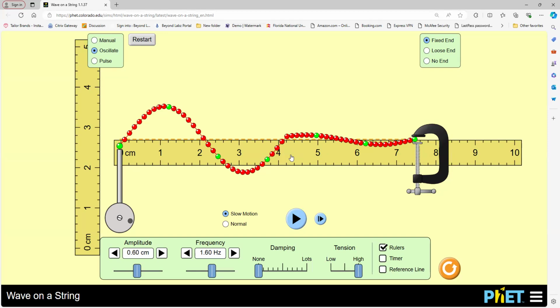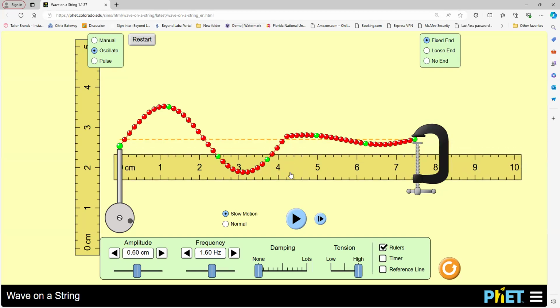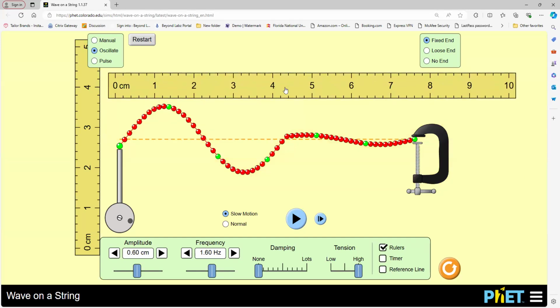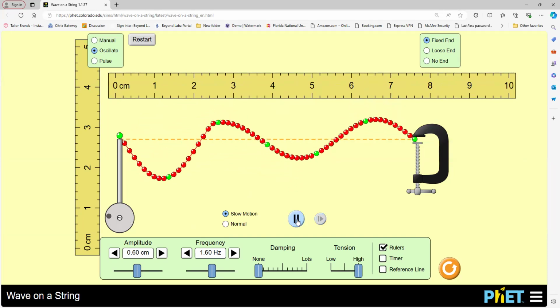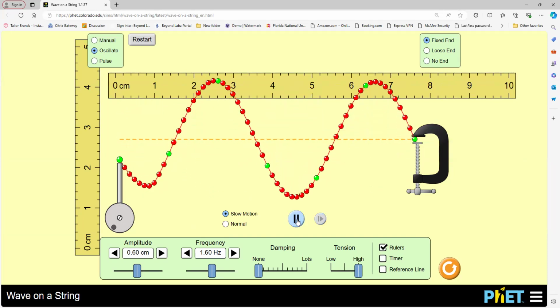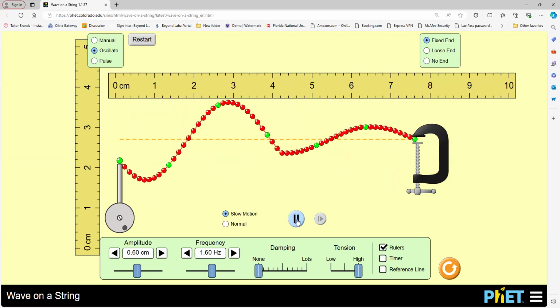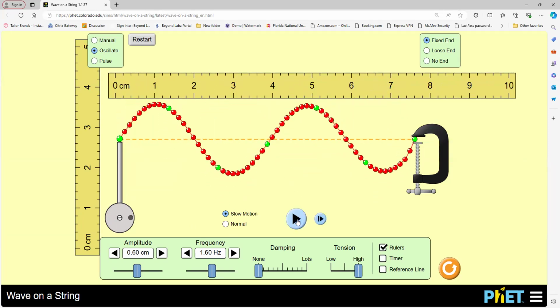I would recommend you to repeat the experiment two, three times to make sure, because there could be some variations, right? It looks much better like that. So it's much better when you have a symmetric wave, right?